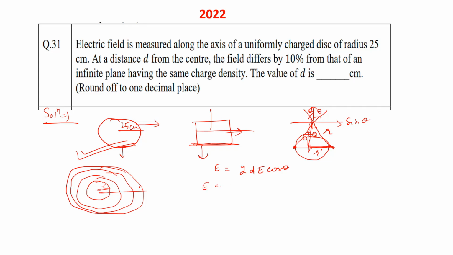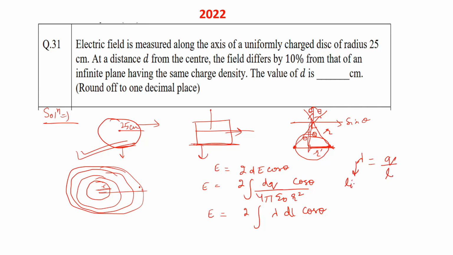and E is equal to 2 dE, which is dq upon 4 pi epsilon naught r square, times cos theta, right? dq is lambda dl because the charge is distributed along the ring, so it is lambda dl cos theta. Lambda is charge per unit length, line charge density.